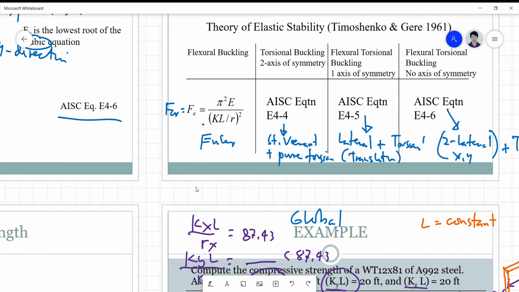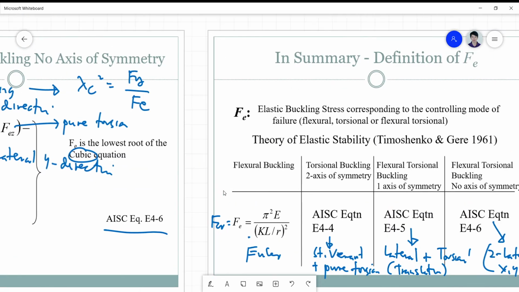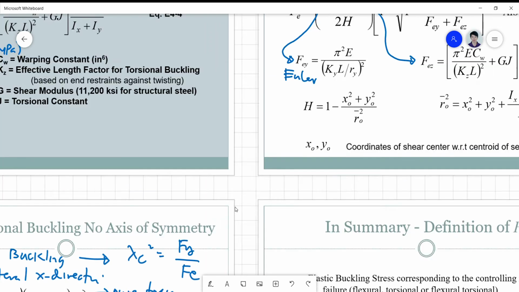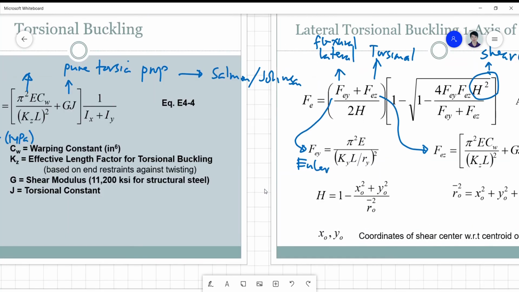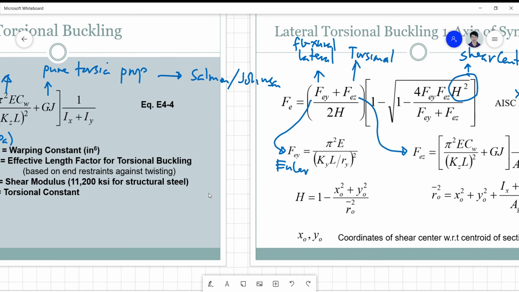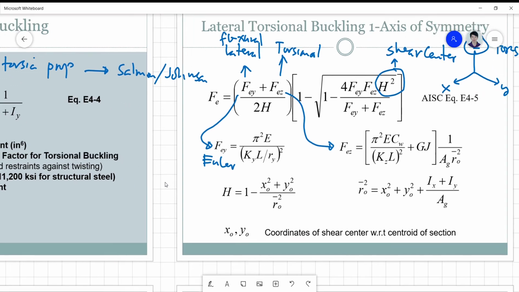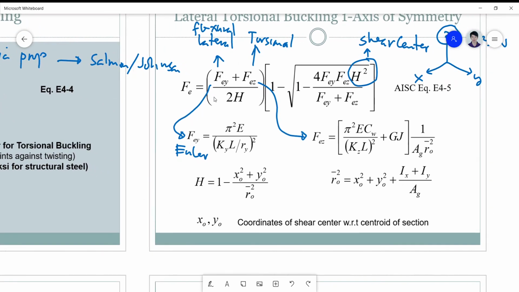So, kunin natin si equation 4.5. Ito siya. Yan. Fey, blah, blah, blah. Yan. Siya, no? So, nakuha na natin si H kasi nakuha na natin si Ro.